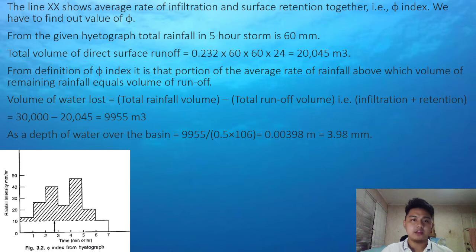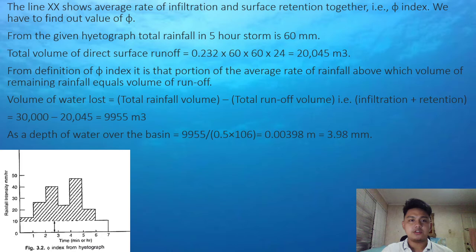So from the given hydrograph, total rainfall in the 5-hour storm is 60 millimeters. So the total volume of direct surface runoff is 0.232 times 60 times 60 times 24. It will be equal to 20,045 cubic meters.